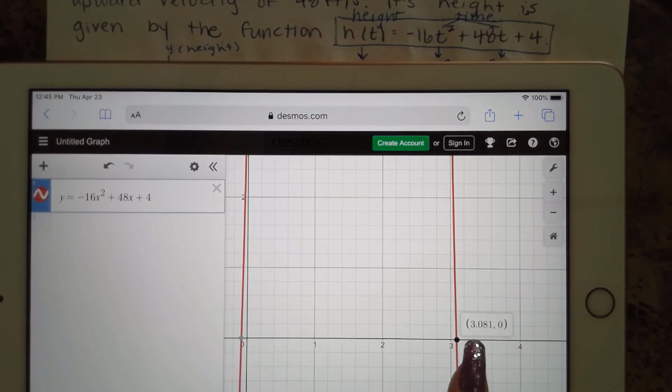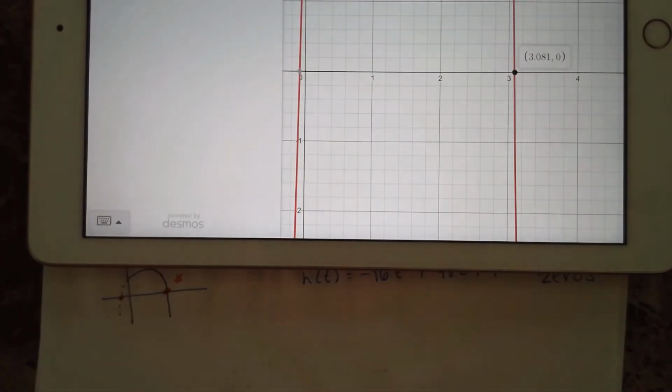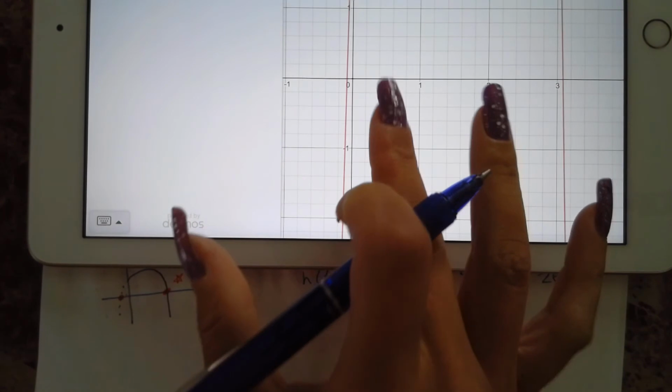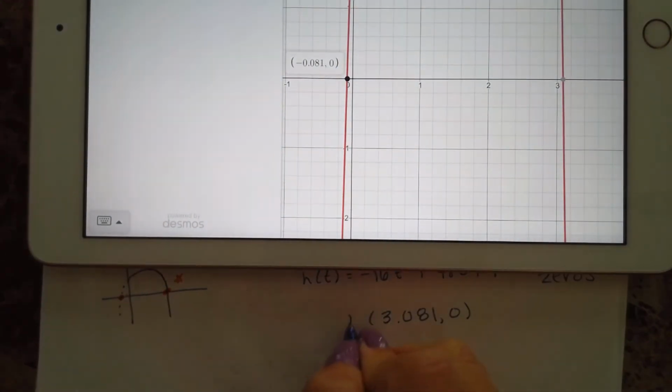And look, it tells me right here, your x value, and we'll write it down on this piece of paper right here, is going to be 3.081, 0. Okay, and just for the sake of this, I'll go ahead and write our other root, just so we know that we're doing this right. So we have negative 0.081, 0.